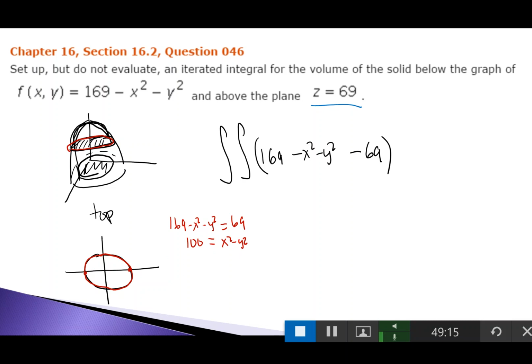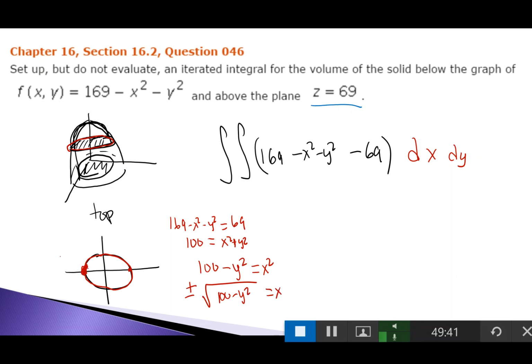And now I can find my limits of integration. So if I want to do dx first and then dy, I'll solve for x, the left side of the circle. Plus or minus the square root of 100 minus y squared equals x.